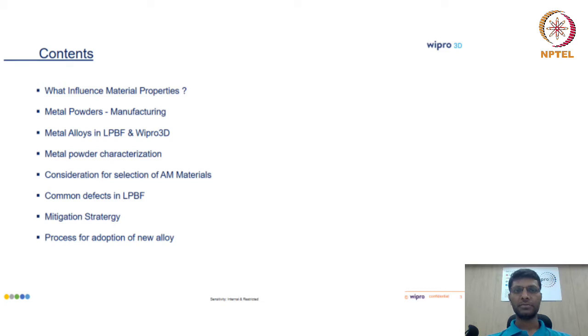Then the process for adoption of new materials. If we are going to develop new materials for additive manufacturing, which are currently not available in the additive manufacturing domain, what processes can we take and how can we develop a new alloy for additive manufacturing? We'll go through one process development cycle.